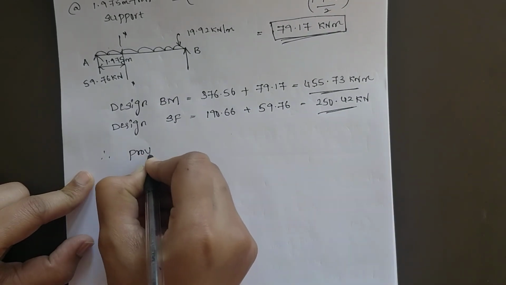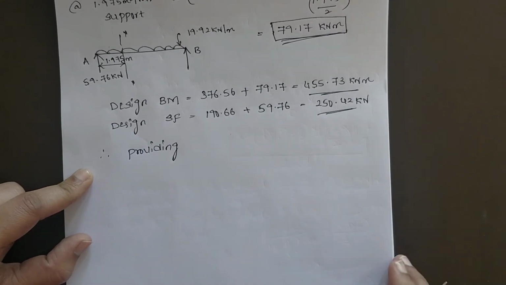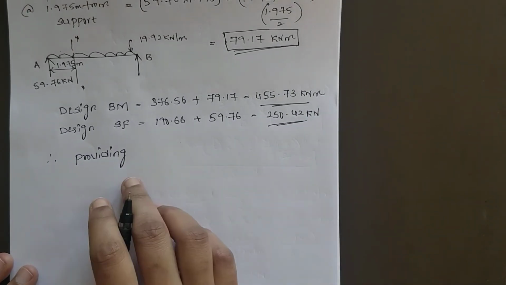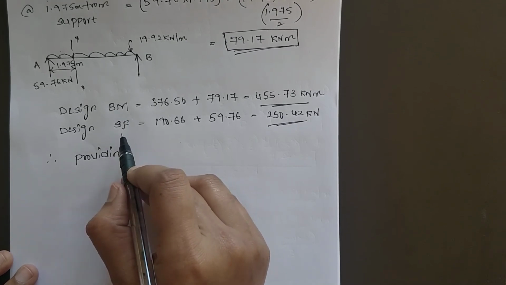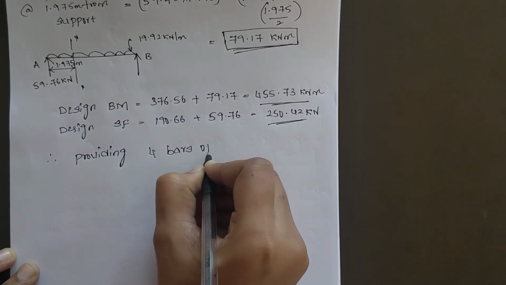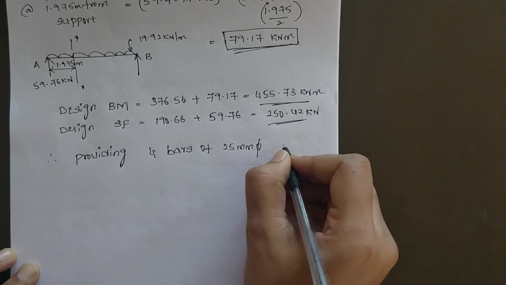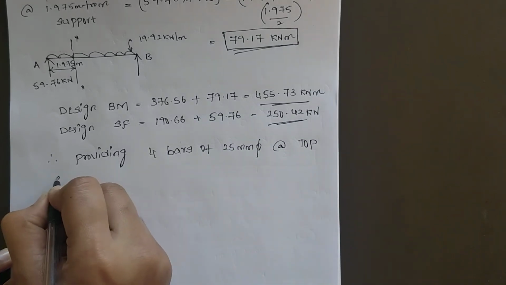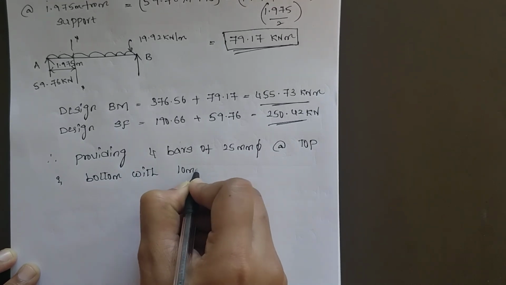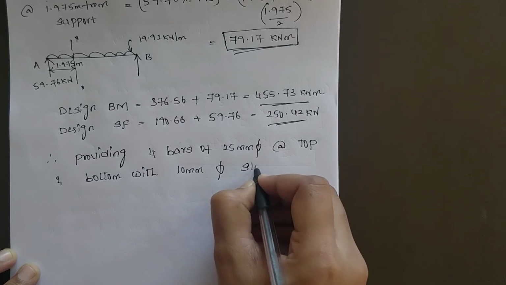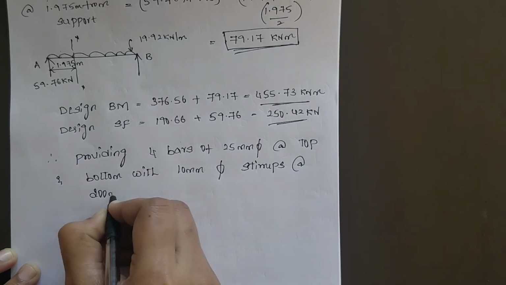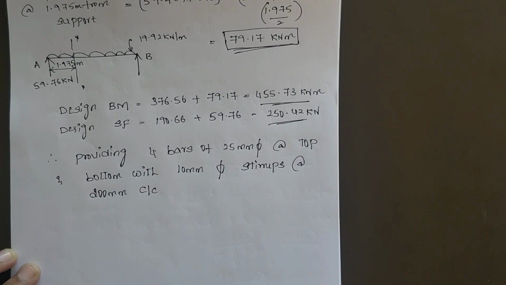In this cross girder, the design bending moment as well as the shear force value is comparatively less, therefore provide 4 bars of 25 mm dia at top and bottom, with 10 mm dia stirrups. 10 mm dia stirrups at 200 mm center to center.